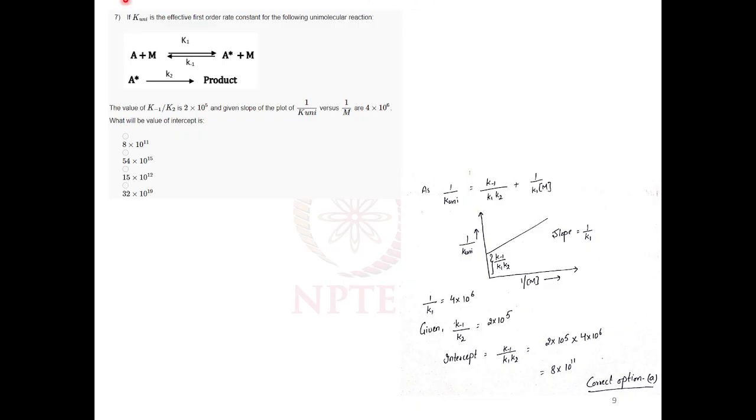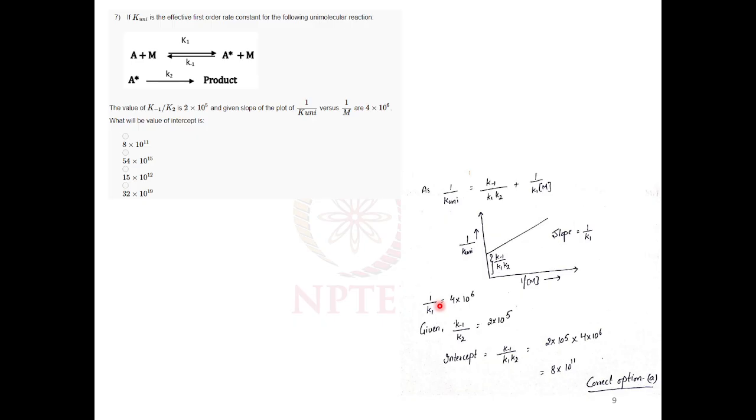So this is the equation where you can find this k unimolecular reaction equal to k₋₁/k₂ is 2 to the power 5, and the given slope of the plot of 1/k_uni versus 1/[M] is 4 into 10 to the power 6, and what will be the value of the intercept. So 1/k₁ equal to 4 into 10 to the power 6.